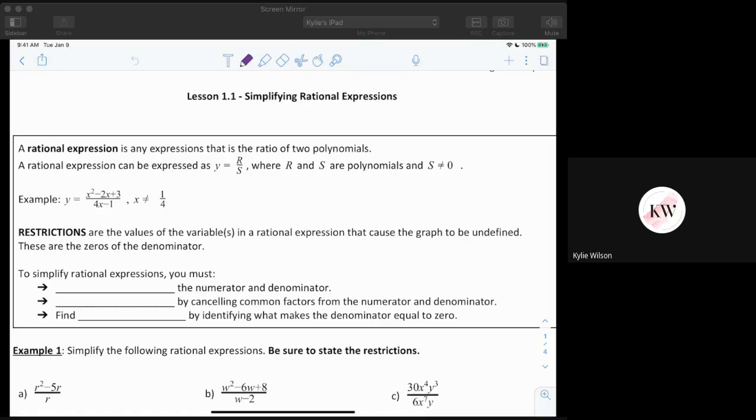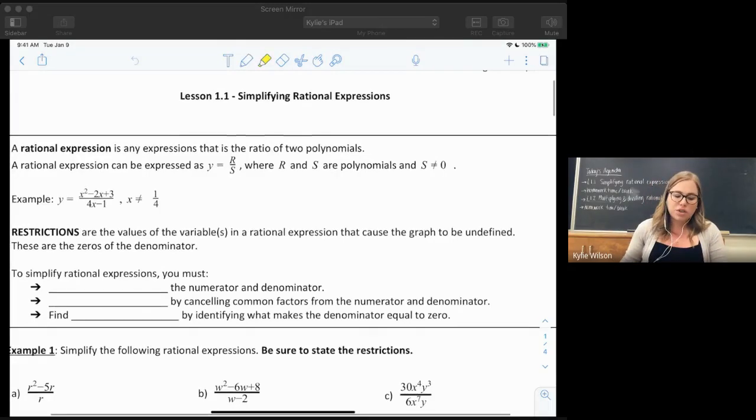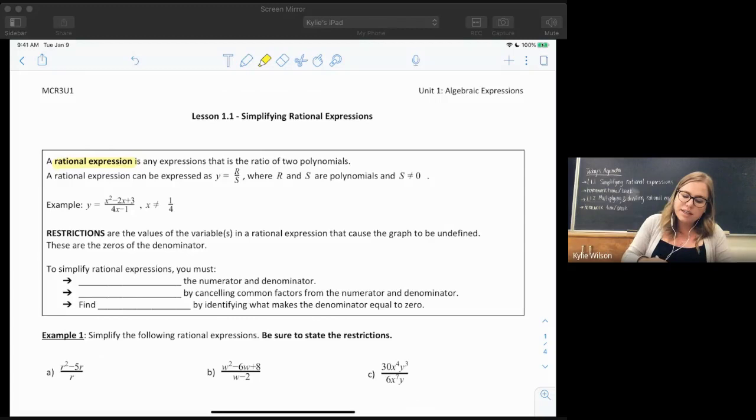So Unit 1 is all about rational expressions or algebraic expressions. And the first thing we need to go through are a couple of definitions. A rational expression is an expression that is the ratio of two polynomials. In other words, it's a polynomial divided by another polynomial.